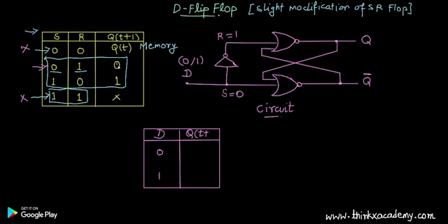In that case, the value of Q(t+1) will be equal to 0. Similarly, this will be equal to 1. So this is how we draw the characteristic table of the D flip-flop. This is the characteristic table of the D flip-flop.